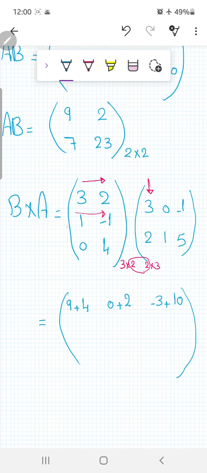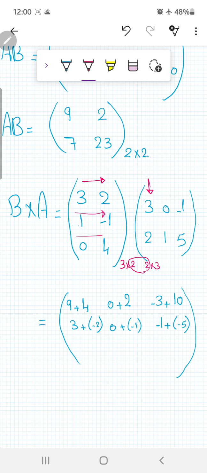Here, 1 times 3, 3, plus negative 1 times 2, negative 2. 1 times 0, 0, plus negative 1 times 1, negative 1. 1 times negative 1, negative 1, plus negative 1 times 5, negative 5.